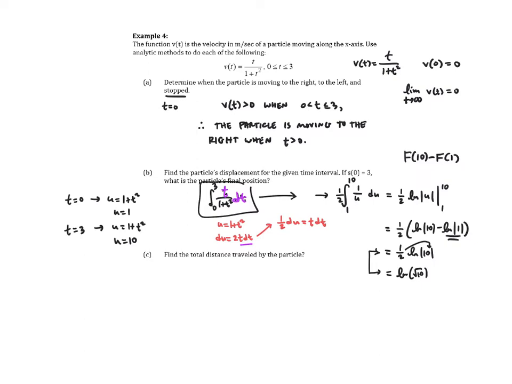Now, knowing that, of course, we talked about up here, the particle is only moving to the right. It's not changing direction at all. The integral from 0 to 3 of v of t dt is equal to the position at time 3 minus the position at time 0.